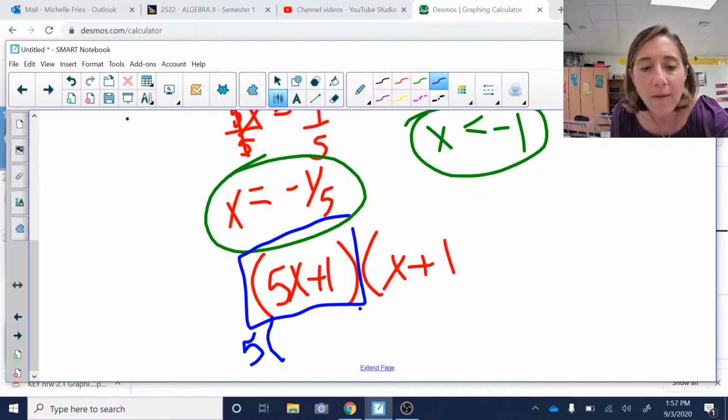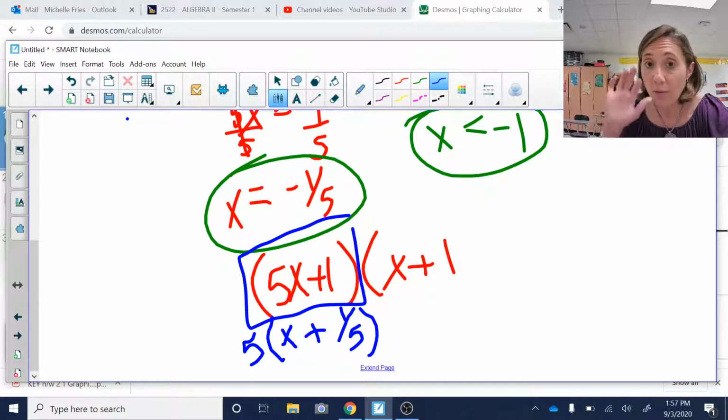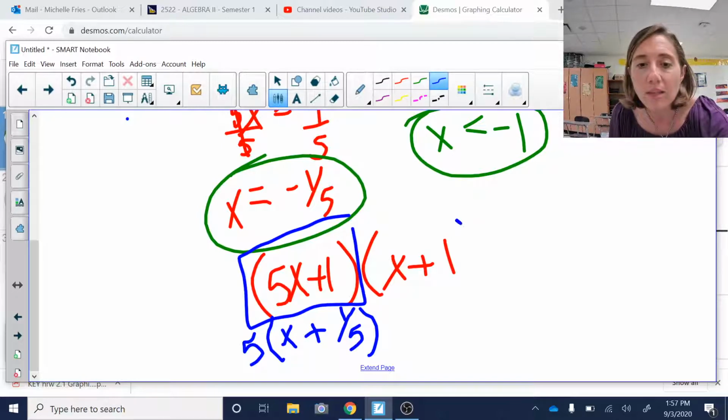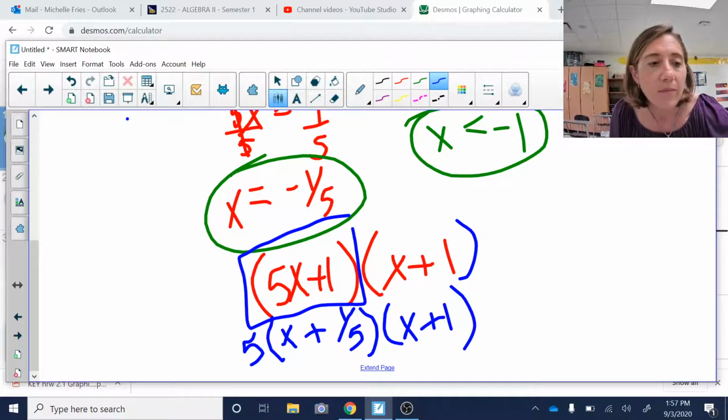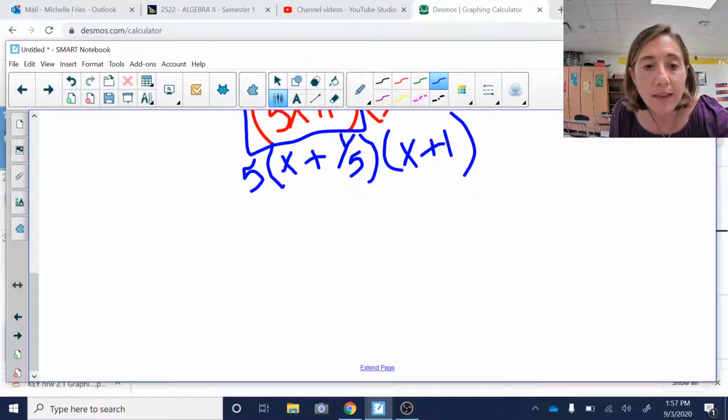And if I do that, it would be x plus 1/5. Because if you redistribute to check it, 5 times x is 5x. 5 times 1/5 is 1. So it's equivalent right now. I should bring down this other factor just so it's still there.